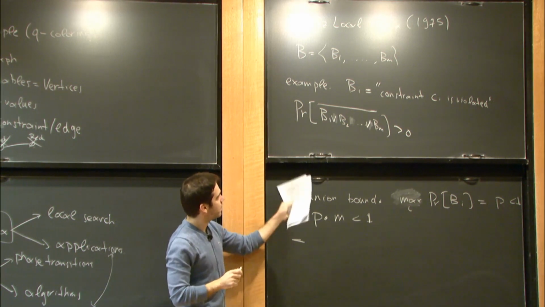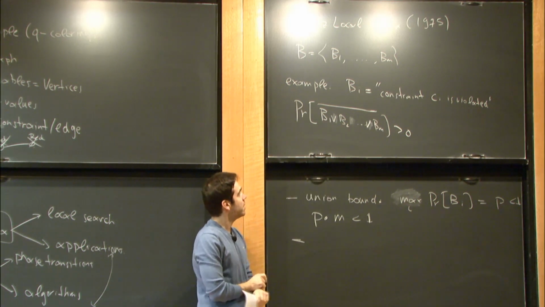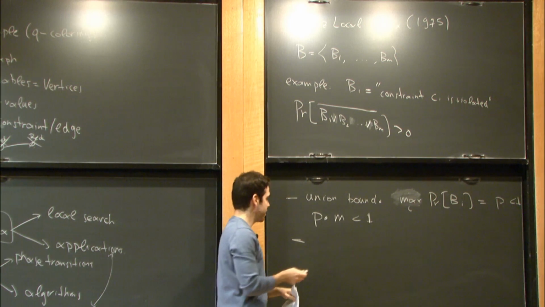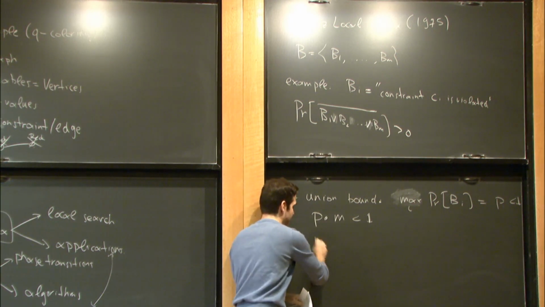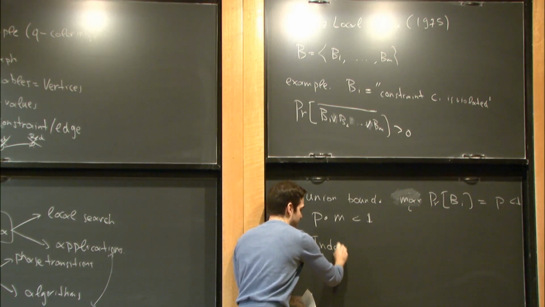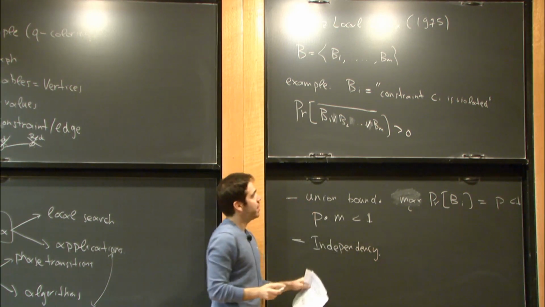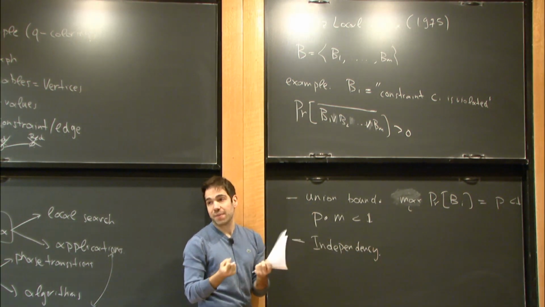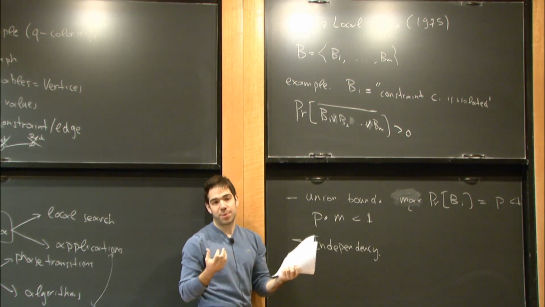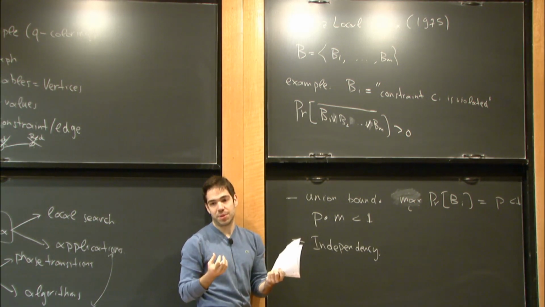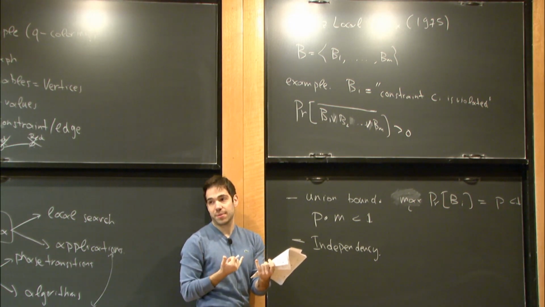Another trivial way which we can establish this is to imagine that all these bad events were independent. For example, we have the uniform probability distribution over the binary cube, and our clauses do not share variables.